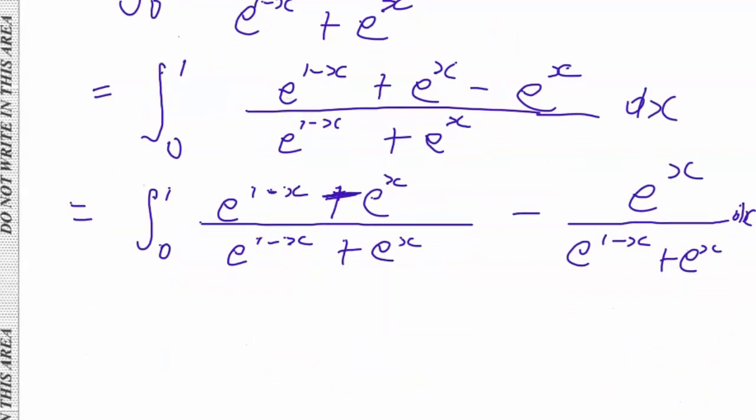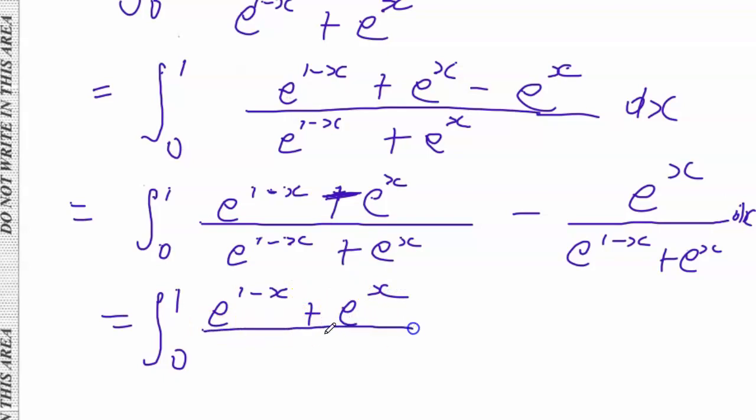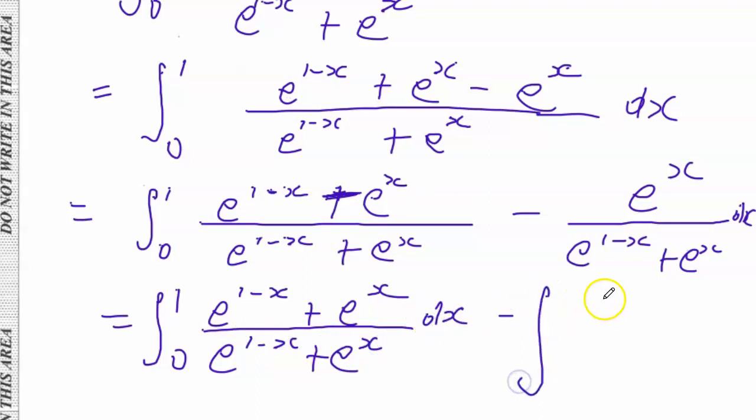And as an integral, we can write it as two separate integrals. So the integral of this over e to the 1 minus x plus e to the x dx, minus, we have e to the x over e to the 1 minus x plus e to the x dx.